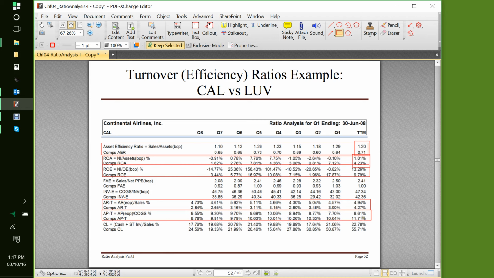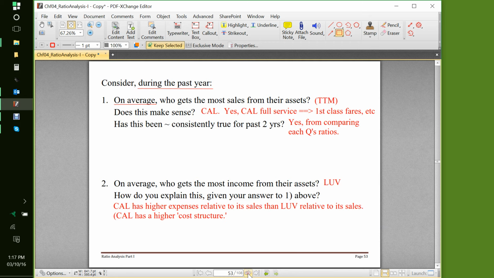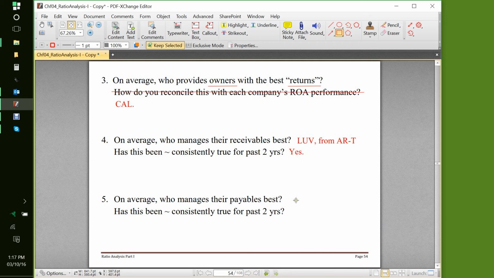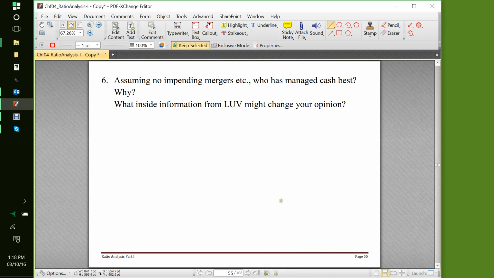So whoever has the bigger ratio is going to be better, and that's Southwest. So we'll say Love here. And I'm going to go ahead and cross out this question because you get the idea for how we're checking consistency for the past 2 years by now.